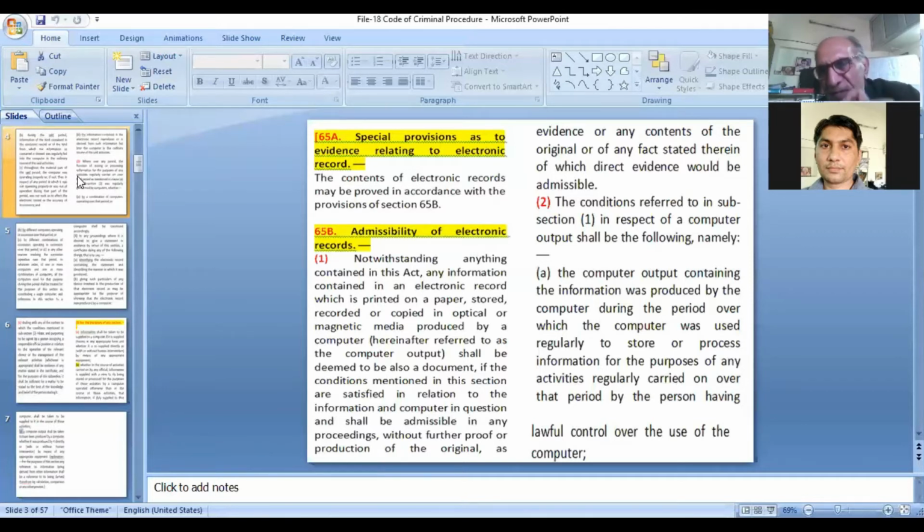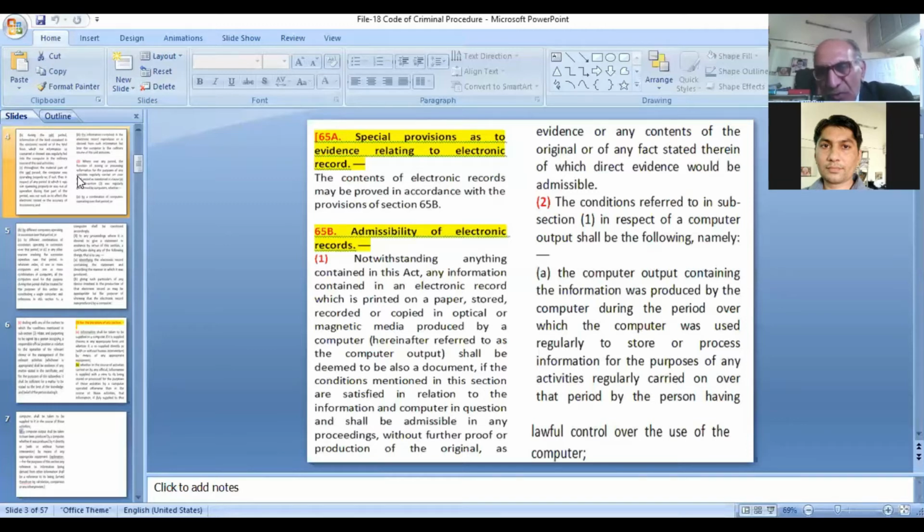65B(2)(a): the computer output containing the information was produced by the computer during the period over which the computer was used regularly to store or process information for the purposes of any activities regularly carried on over that period by the person having lawful control over the use of the computer. See, it is a very big range of realistic coverage.